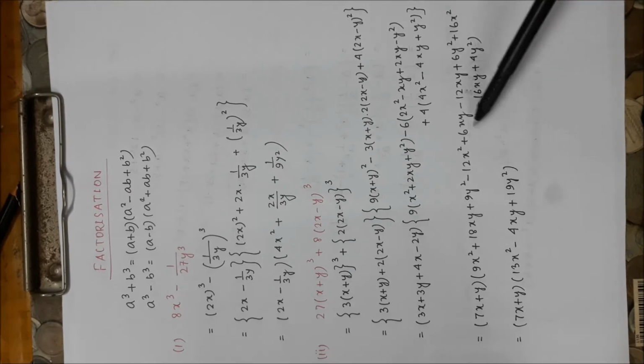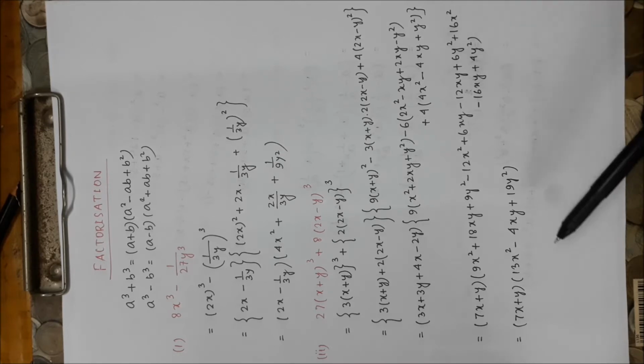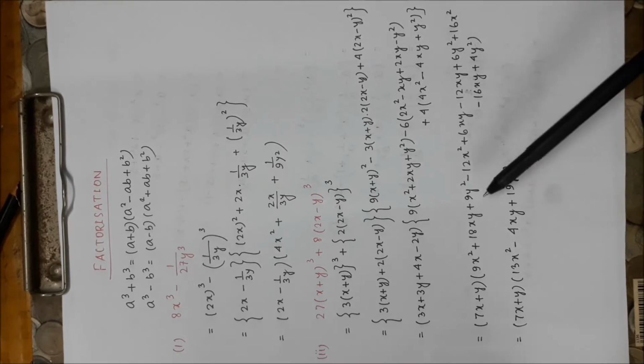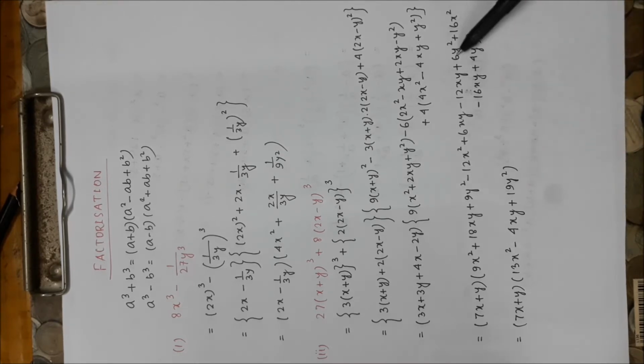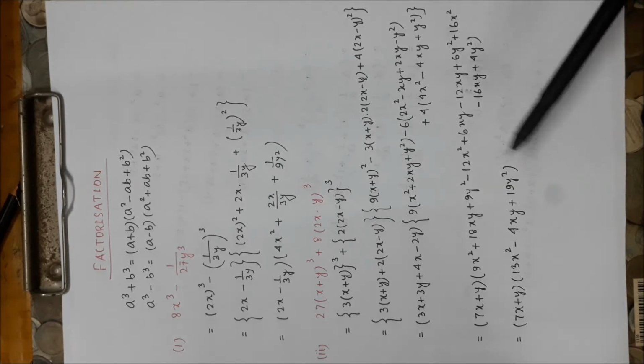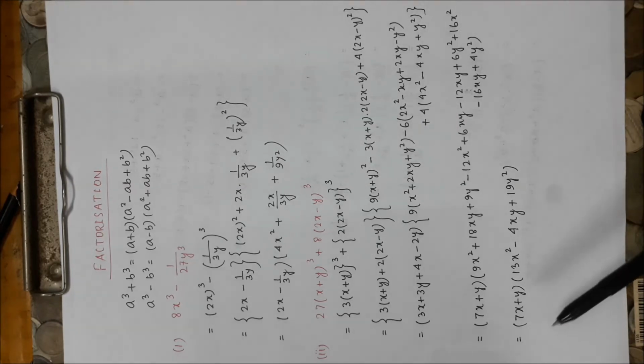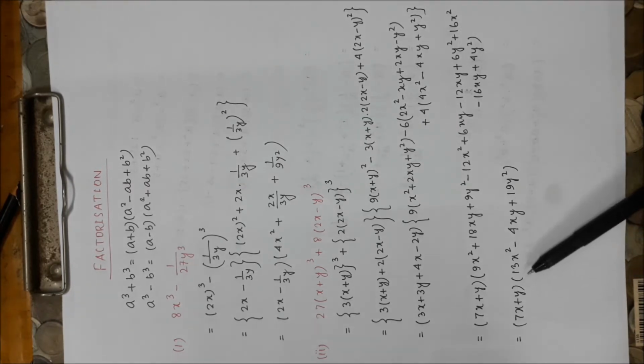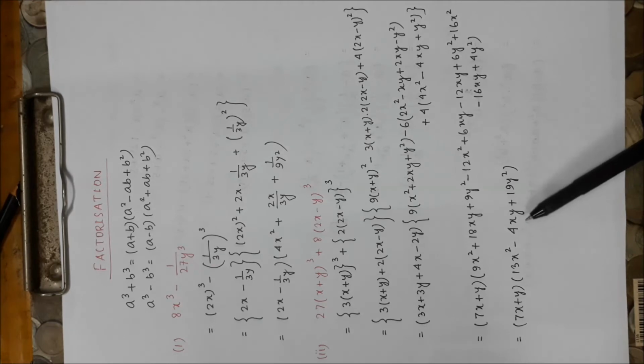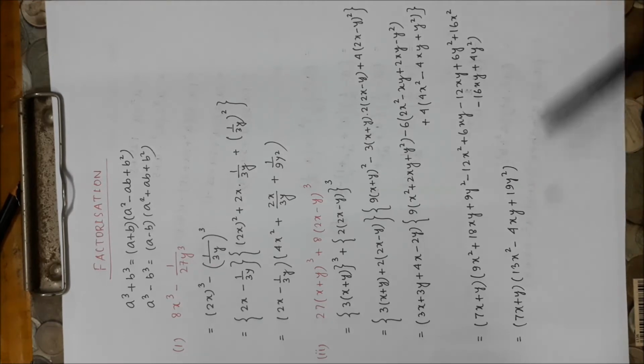So 24xy minus 28xy equals minus 4xy, 9y square plus 6y square, 15y square, plus 4y square, that is 19y square. So factors of this term are 7x plus y multiplied by 13x square minus 4xy plus 19y square.